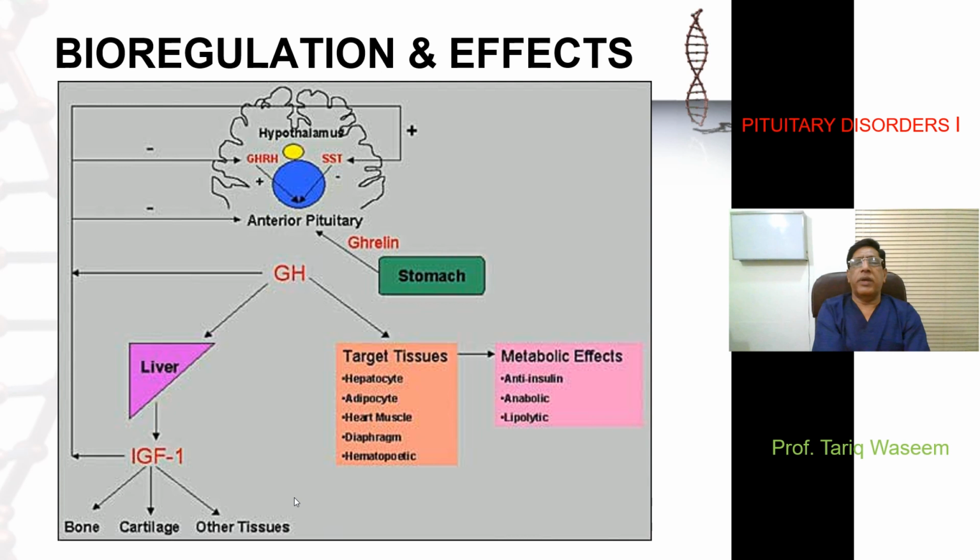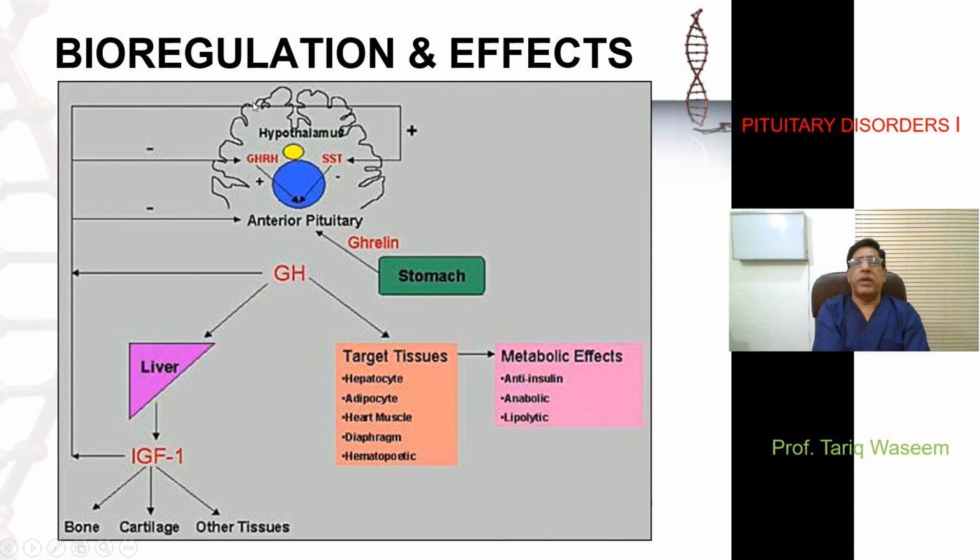We'll talk about the effects of this hormone one by one. On top, we have the hypothalamus, and then the anterior pituitary gland, which, as you said, is under the effect of somatostatin and under the effect of growth hormone releasing hormone.